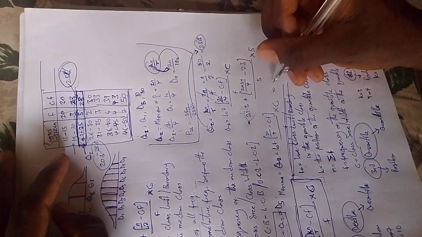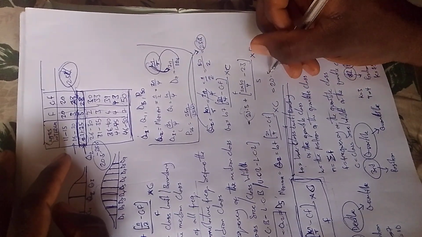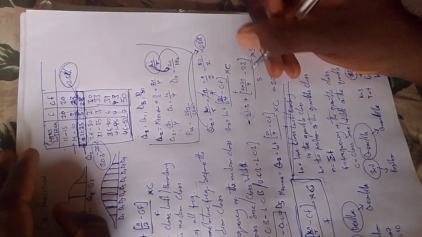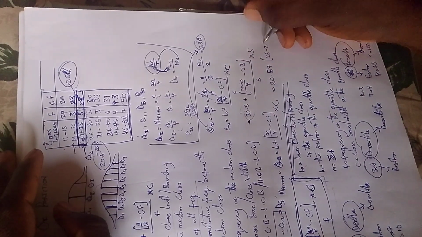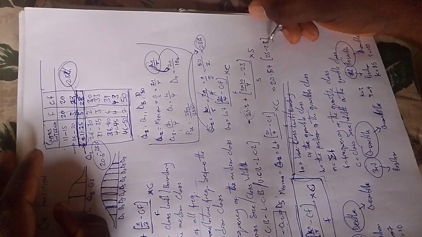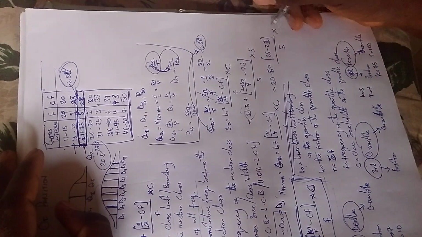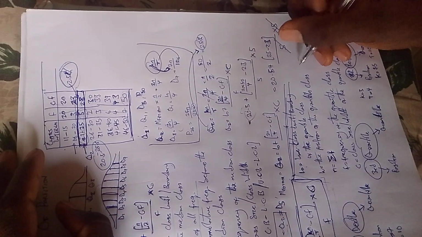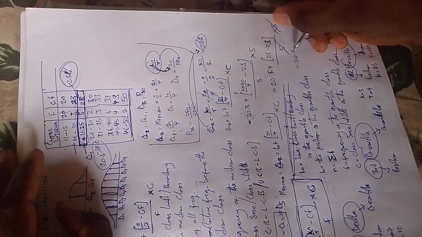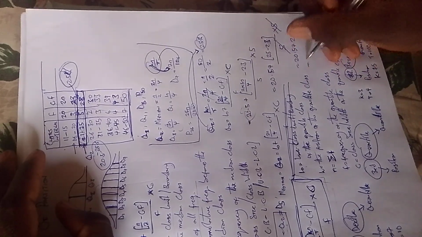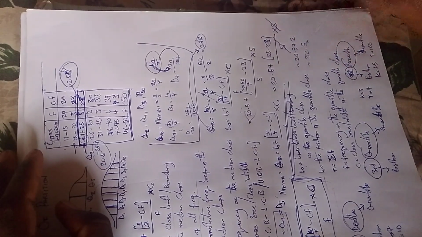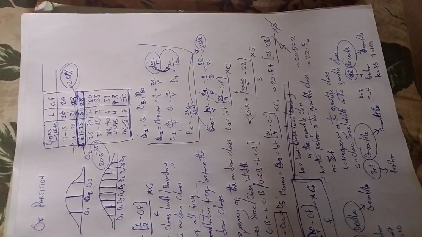So that will be equal to, sorry, my paper is very rough, 20.5 plus 25 minus 23 over 5 times 5. 5 cancels 5. I have 20.5 plus 25 minus 23, which is 2. So this is 22.5, and that is my second quartile.